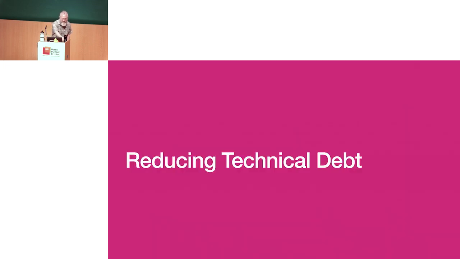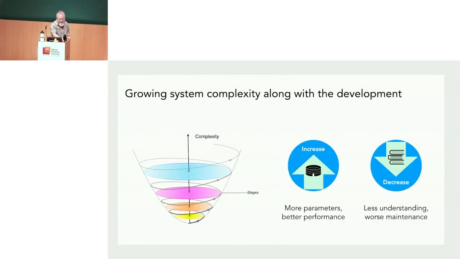Okay, so reducing technical debt. There are a lot of advantages to growing complexity in the system. The more knobs that you're able to instrument, the more we can personalize experiences. We can do things differently for different kinds of users. The more performance we're able to squeeze out of the system. And so naturally, there is this movement toward complexity.